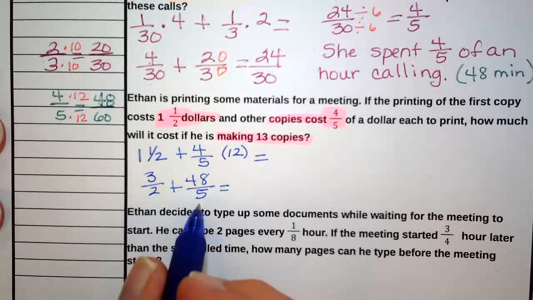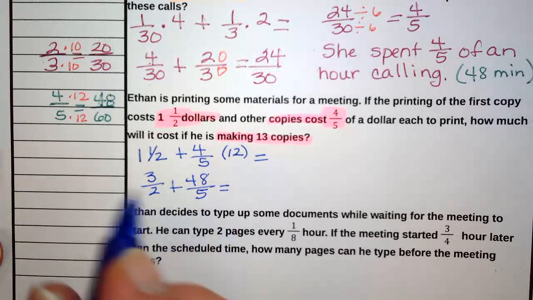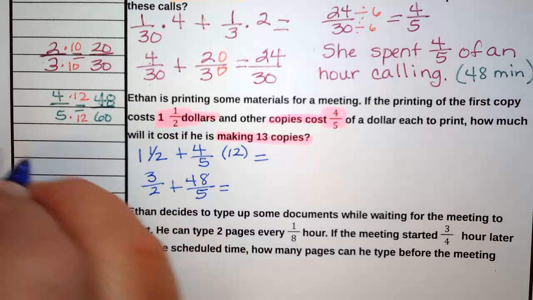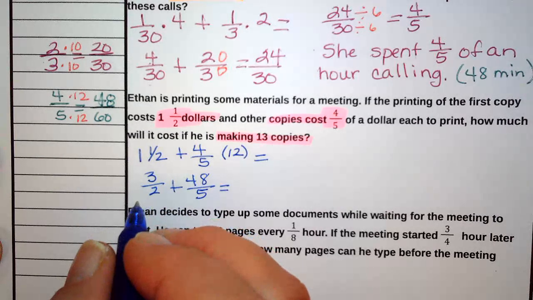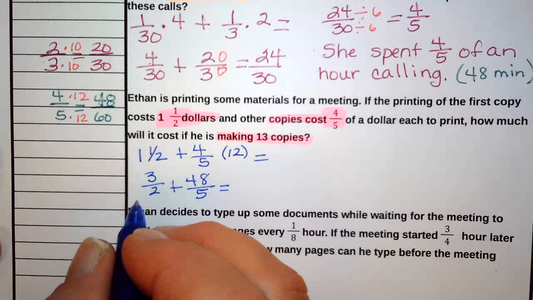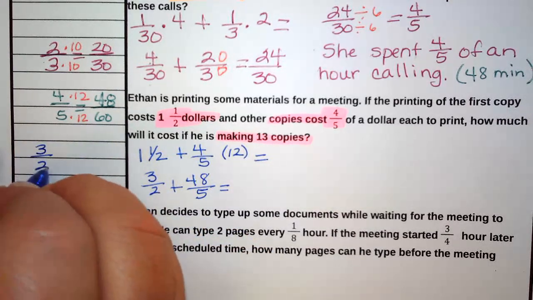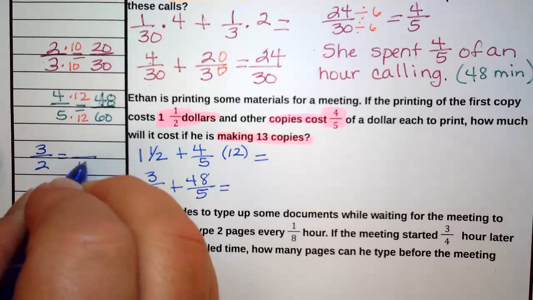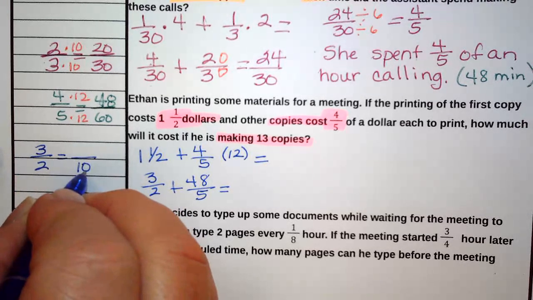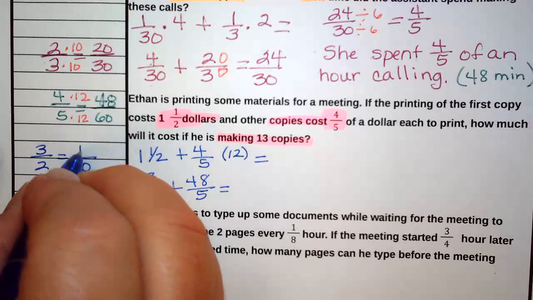Okay, 2 times 5 is 10. 10 is my smallest common denominator. 10 is my smallest common multiple. So that is my common denominator. 3/2 is equal to what over 10? 2 times 5 is 10. 3 times 5 is 15.